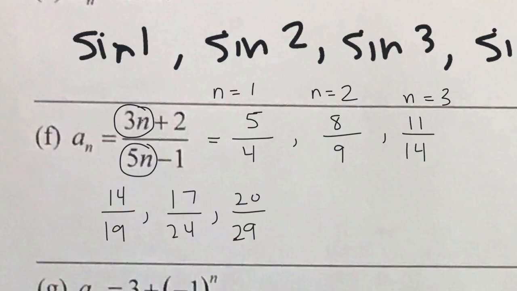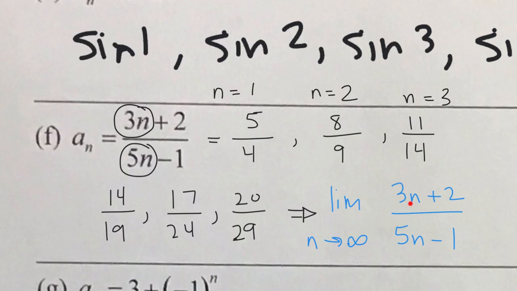Okay, so is this trying to get to a certain number? So what number? If we took the limit as n goes to infinity, we're getting really, really big numbers of 3n plus 2 over 5n minus 1. Notice that we get infinity over infinity when we plug these in.